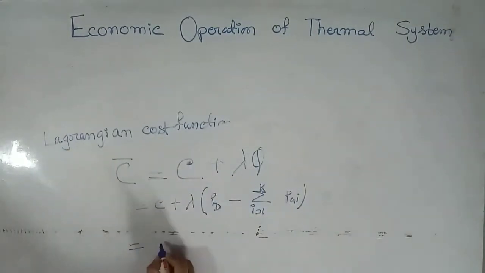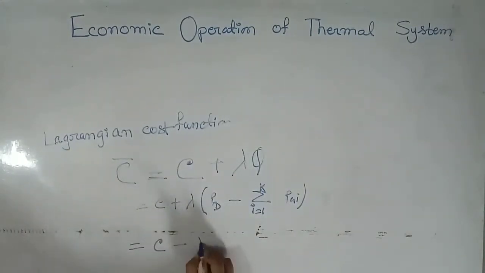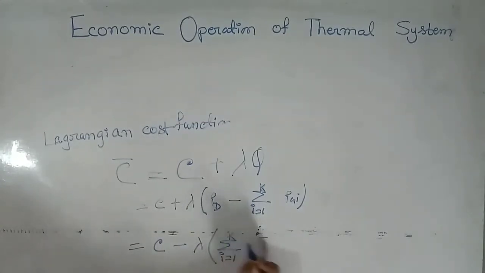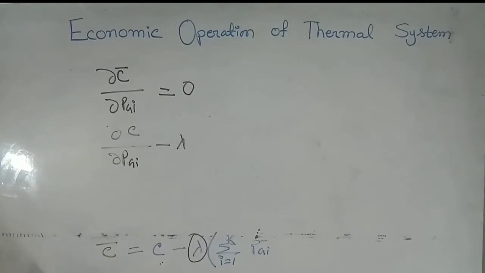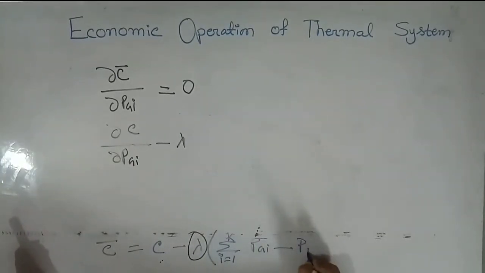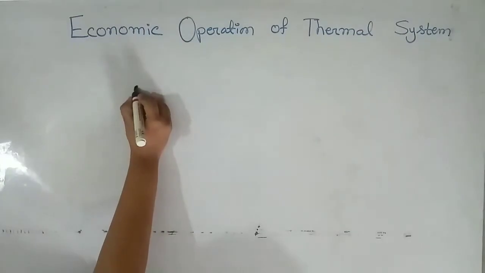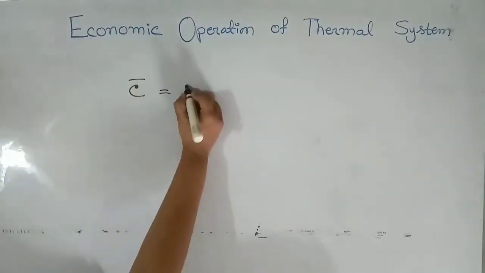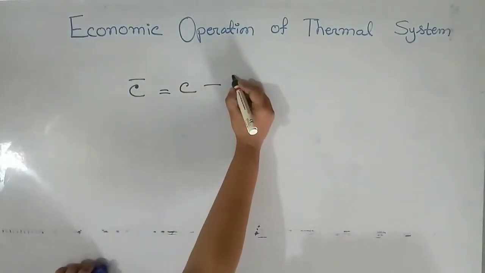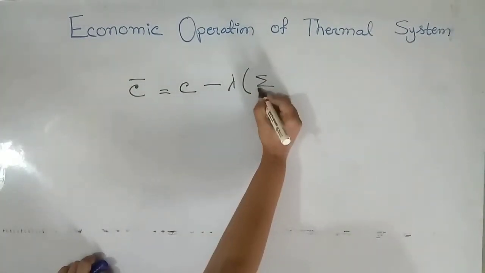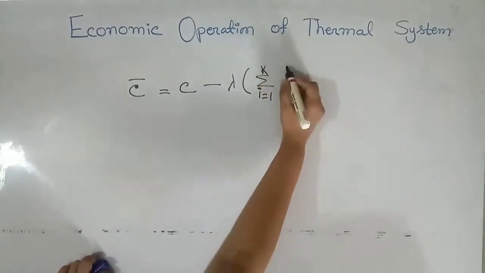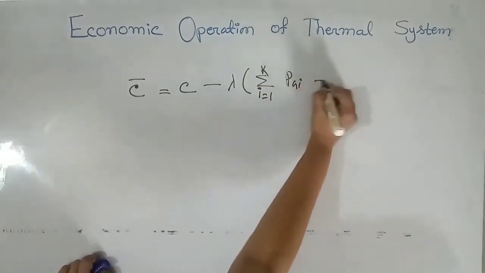Now we can write that C bar is C minus lambda into summation i equals 1 to K of PGi minus PD.